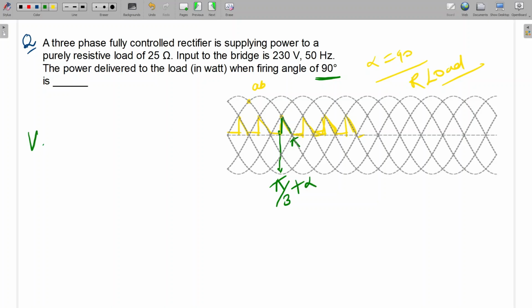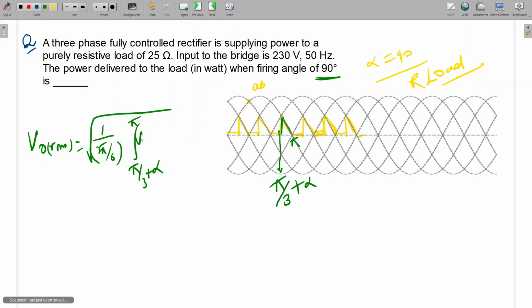What is VORMS? VORMS will be under root of 1 divided by 2 pi by 6, integral from pi by 3 plus alpha to pi, of Vm square, so Vm line to line square sin square omega t d omega t.